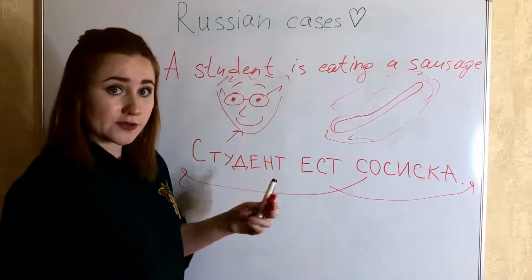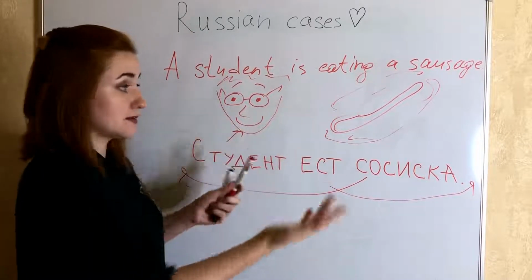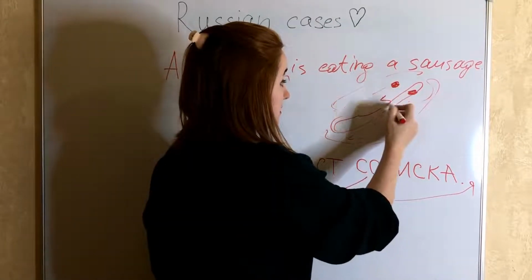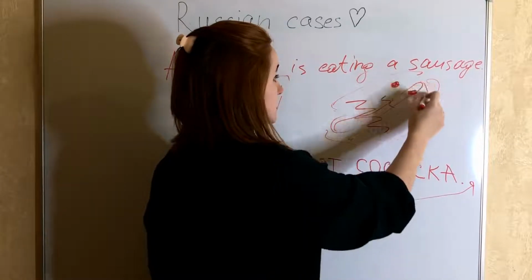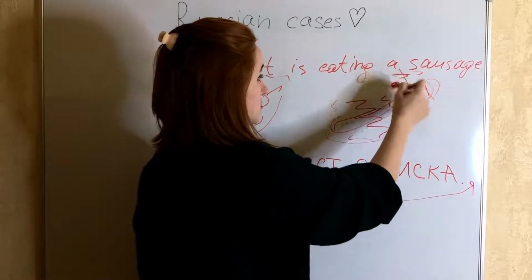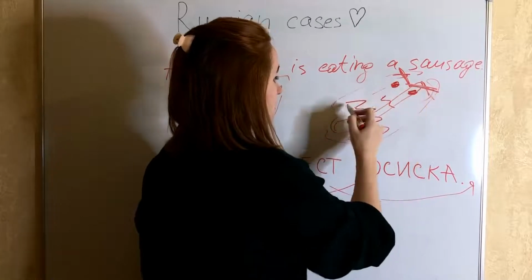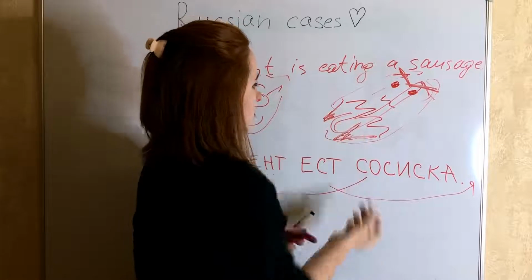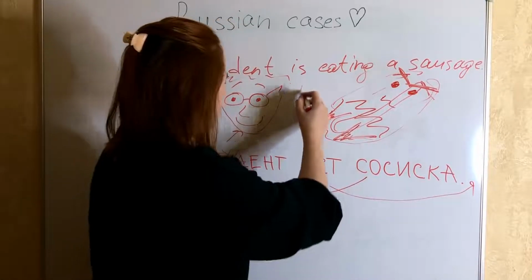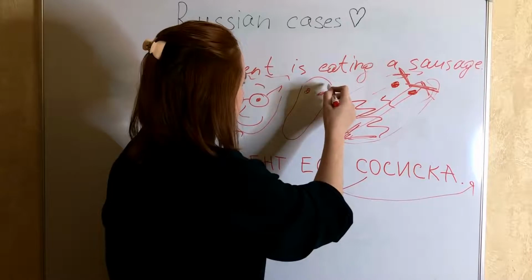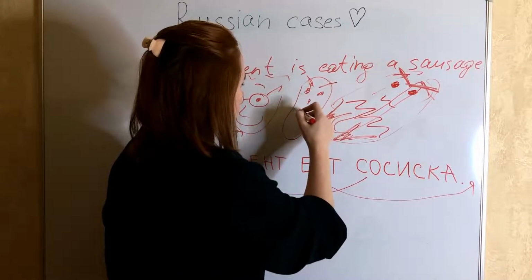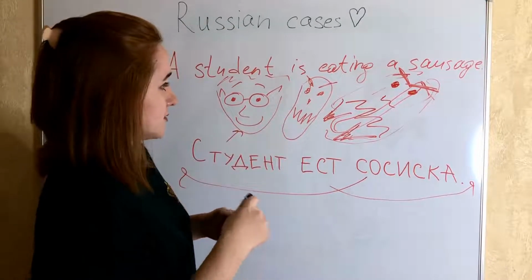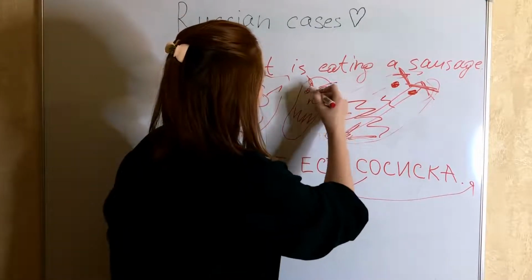So, how on earth do we understand who eats what? Maybe this is a crazy alien monster, сосиска. Monster, no, angry monster, сосиска with... Actually, I wanted to draw some angry thing with... looks like a character from SpongeBob now.